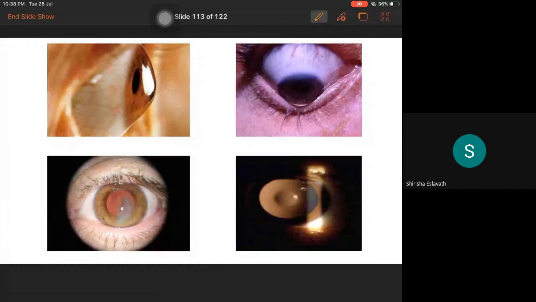This is the Munson sign. What is Munson sign? When a patient looks down, the conical protrusion of the lower eyelid is known as the Munson sign. Then you have a hydrops formation.